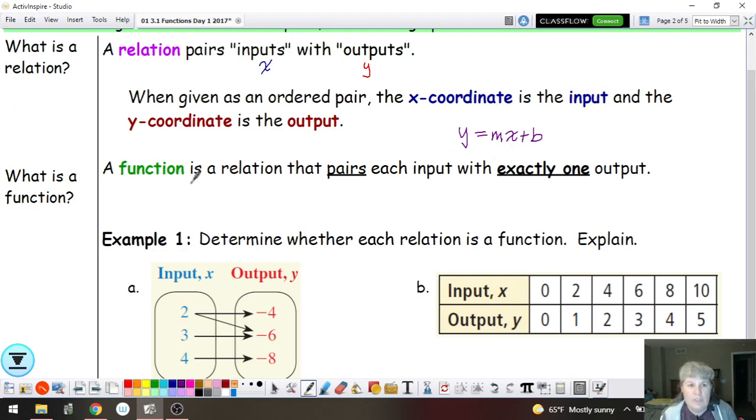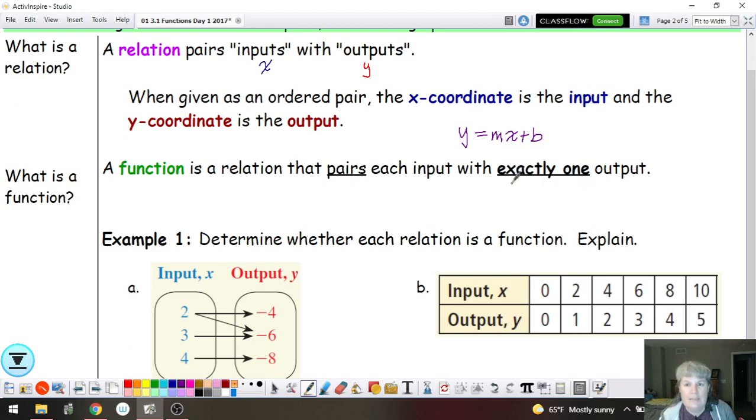Now, a function is a relation that pairs each input with exactly one output. So if I plug in a value for x, there's only going to be one value of y that comes out. So a function is a relation that pairs each input with exactly one output.